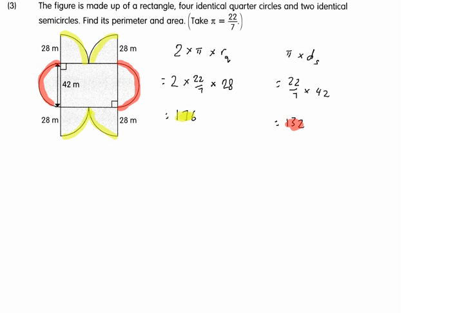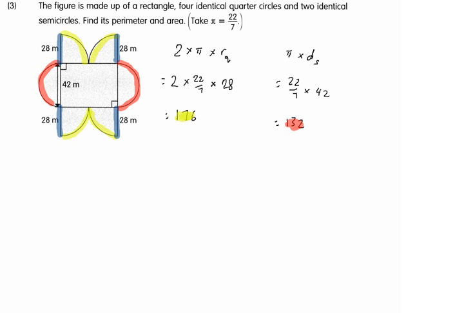Now, if I add up 176 and 132, is that the perimeter? No, right? What else must I do? Which 4 lines? The radius of the quadrant. So I still need to add up these 4: 1, 2, 3, 4.